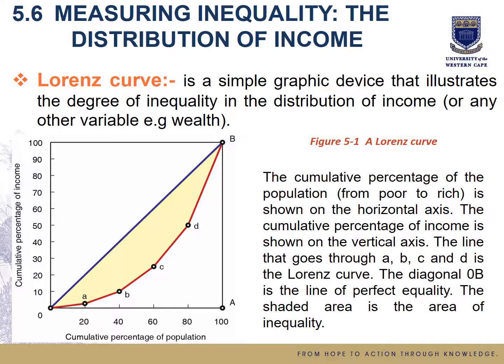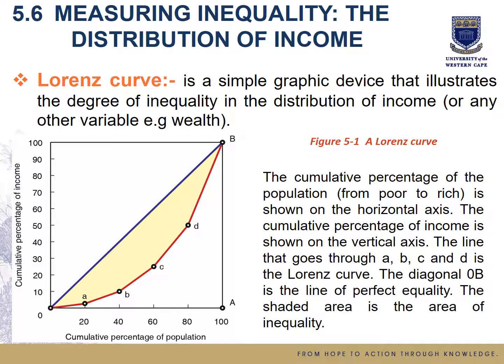Then the cumulative percentage of the population is plotted along the horizontal axis, whereas the vertical axis reflects the cumulative percentage of total income. The axes are then joined to form a square with a line running diagonally from the origin to the opposite upper corner of the rectangle, as shown in figure 5.1.